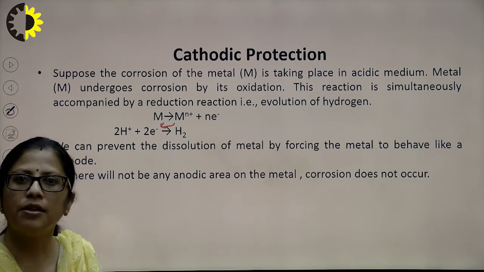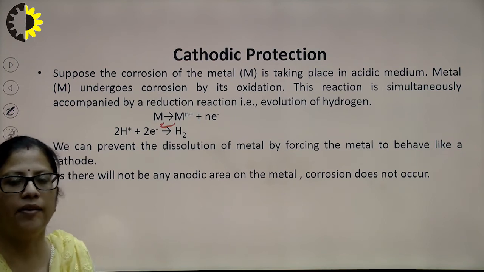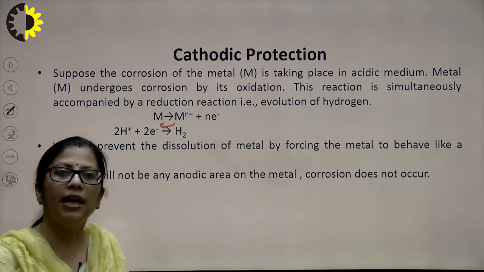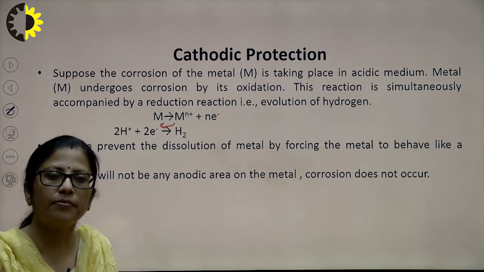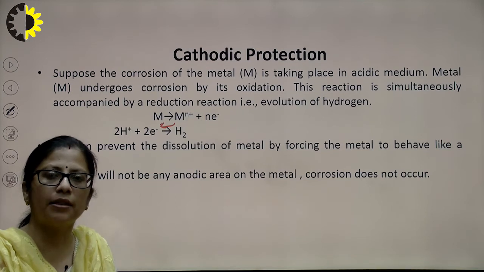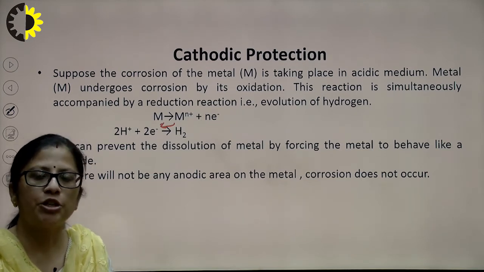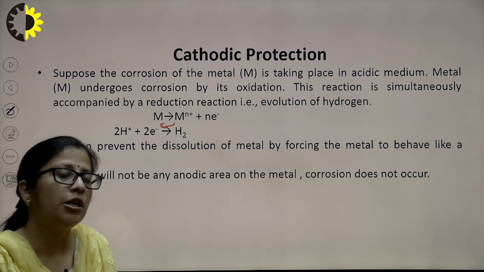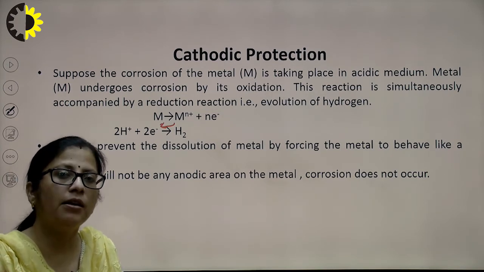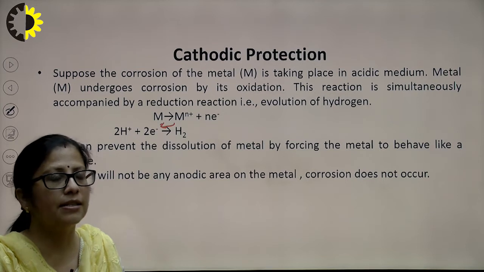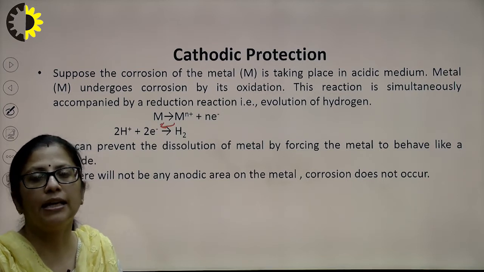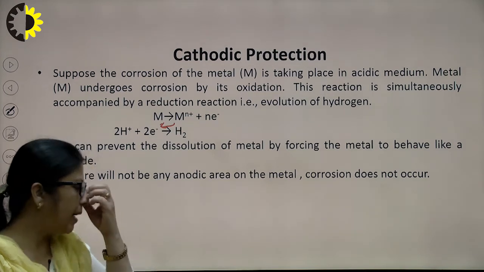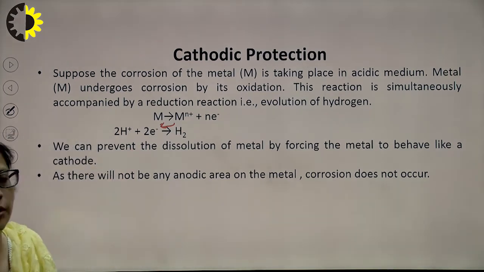As there is not going to be any anodic area on the metal, the corrosion will not take place. So, cathodic protection is nothing but reversing the oxidation reaction which the metal is undergoing, in such a manner that the metallic ions accept the electrons and get converted back into the metal. So, this is the base for the cathodic protection.